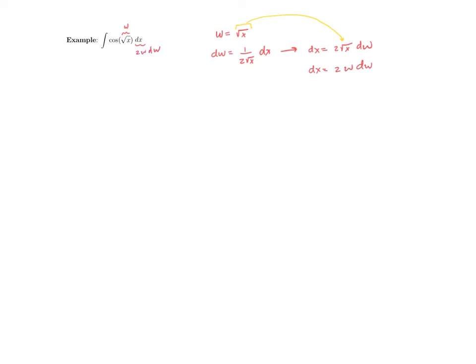So 2 is a constant we can pull out front, and what we are left with is cosine w times w dw. And I feel as though there's almost a tendency to look at this and think, wow, we made it more difficult. But remember, in mathematics, sometimes you have to complicate in order to simplify.